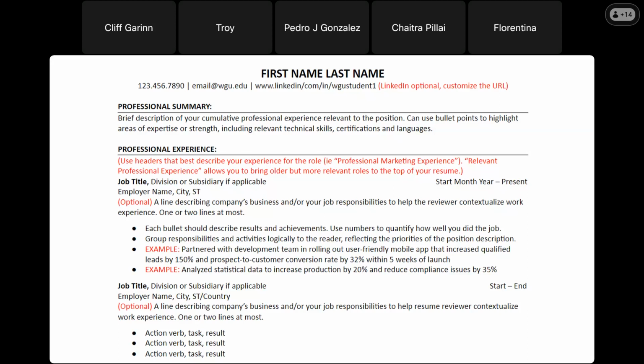LinkedIn is still the number one way that employers may do what I call a soft background check. Even if you're in IT, a LinkedIn profile can be really, really important and good for you to use. I would also include your location, and that's what's missing here as well. So Pedro, you're correct. Even if it's for a remote job, I would still put your location just so they know where you're coming from. So thanks for that catch. That was a good catch, Pedro.